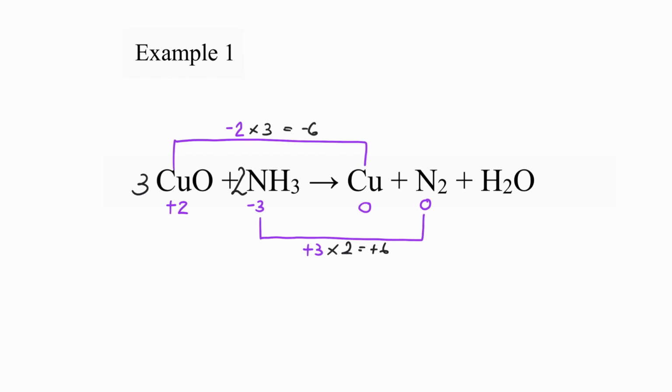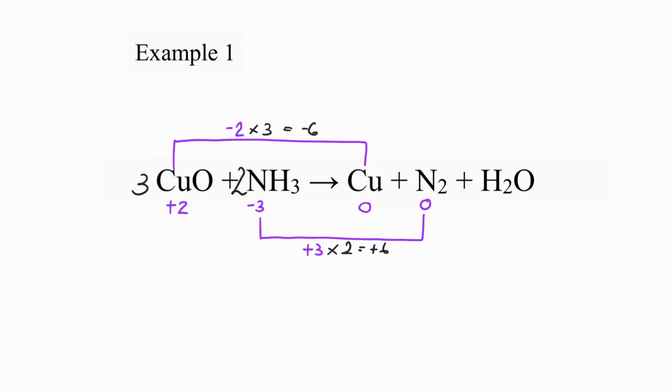It is 0 as well. So after balancing the oxidation number, we will skip the fourth step, balancing the charges, because they are neutral compounds. So we can move into the last step, which is balancing the atoms.